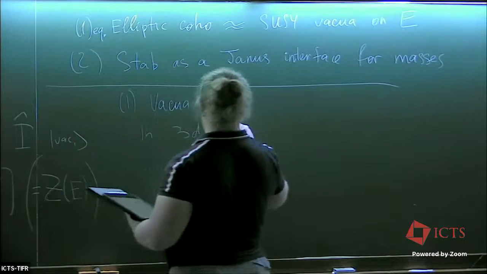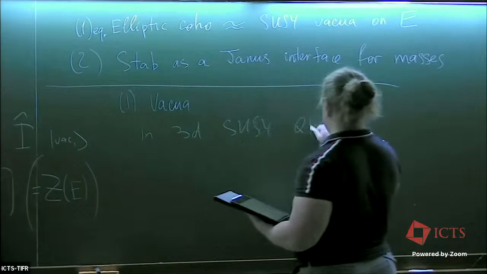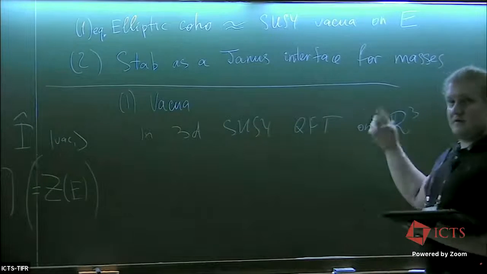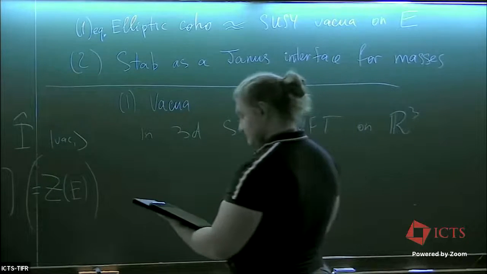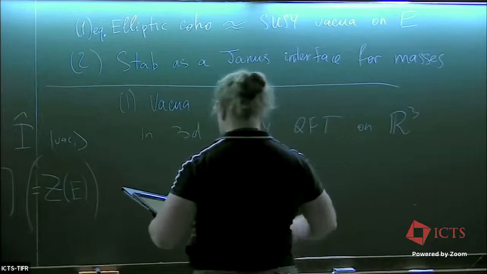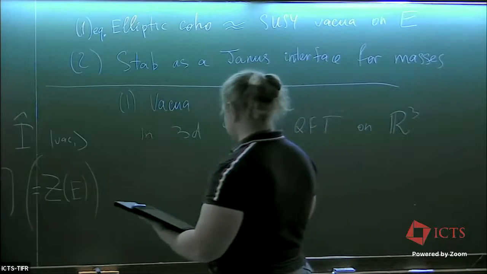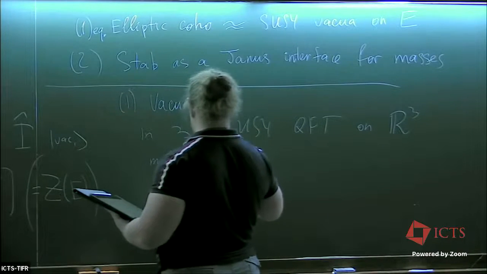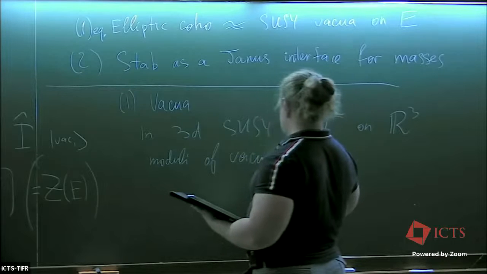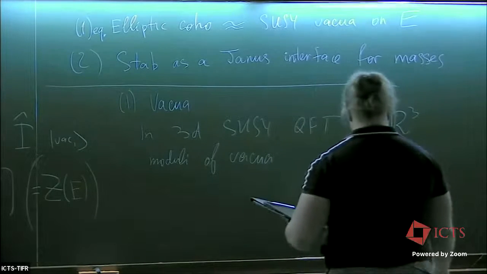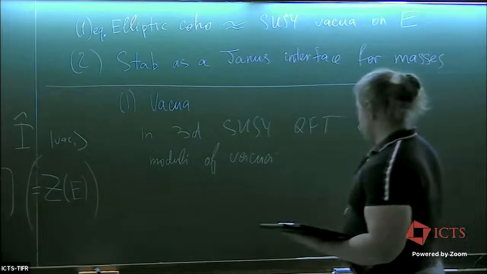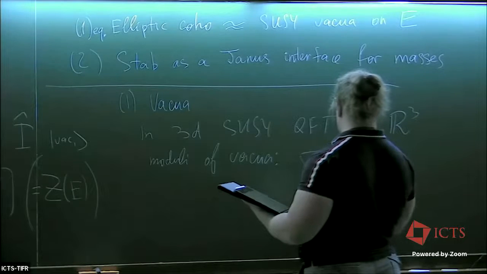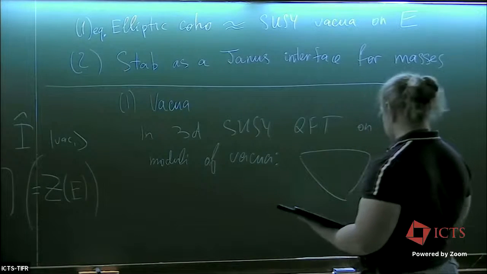If we have a three-dimensional supersymmetric QFT which lives on R3, so on non-compact space, then such theories often possess the moduli space of vacua, which is in general some complicated variety, which has perhaps some different branches.